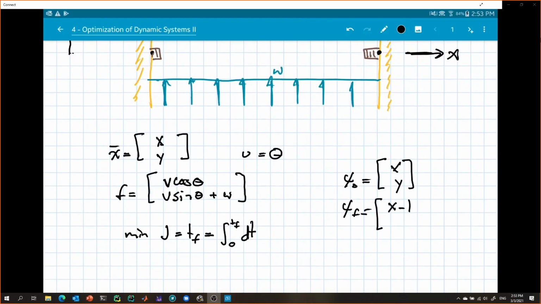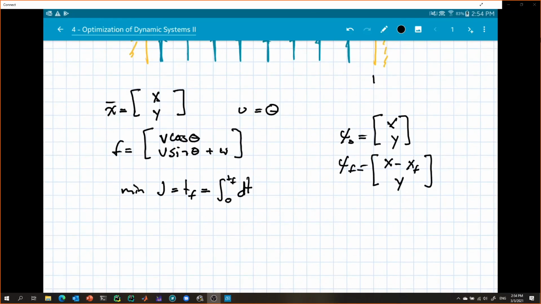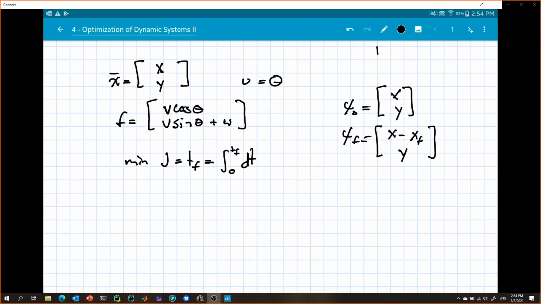I'm going to genericize the distance as final x. These dots are on the same line, so y is equal to 0 as well.